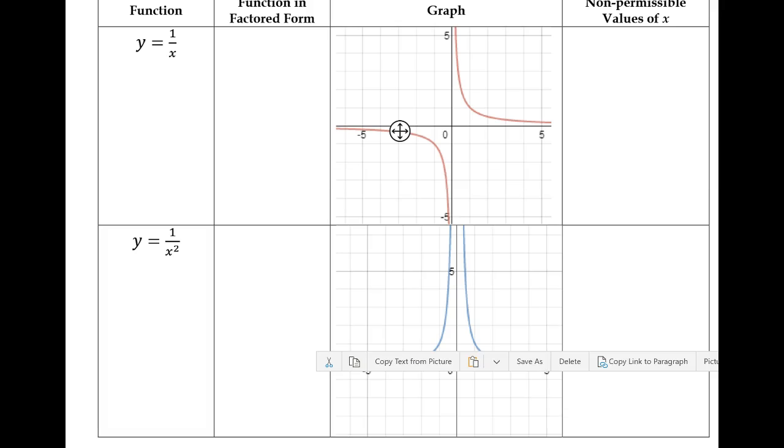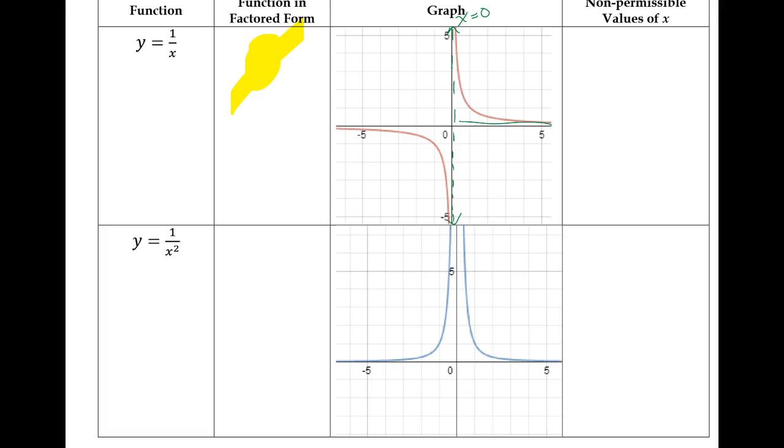So if we start with our first one, y equals just 1 over x, our most basic rational function we can get, there is no way to factor this. It's impossible, so it stays as is. Key thing to note here is we've got some asymptotes going on at x equals 0, and here at y equals 0.